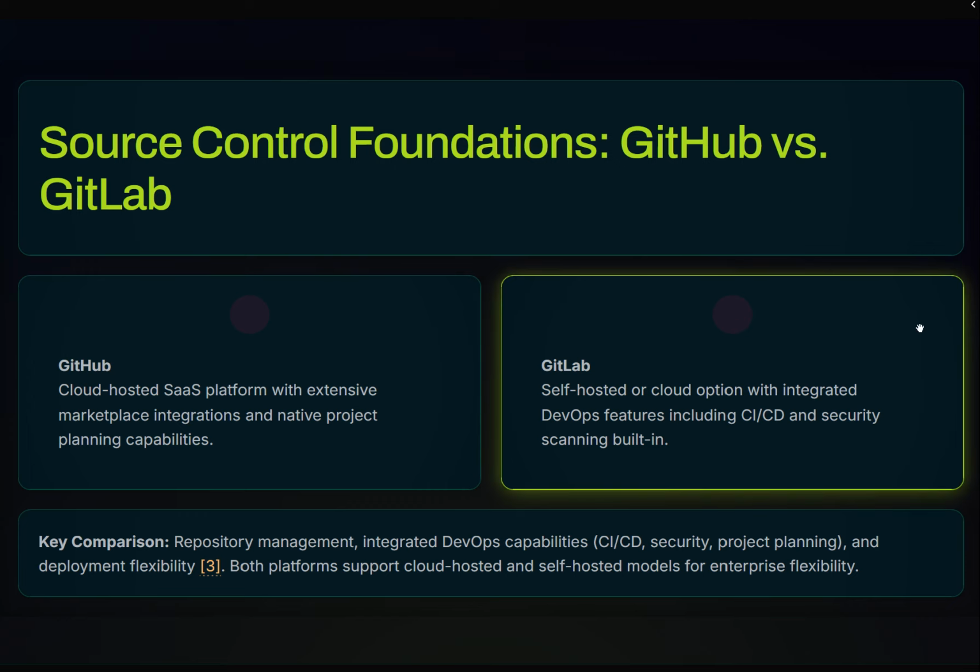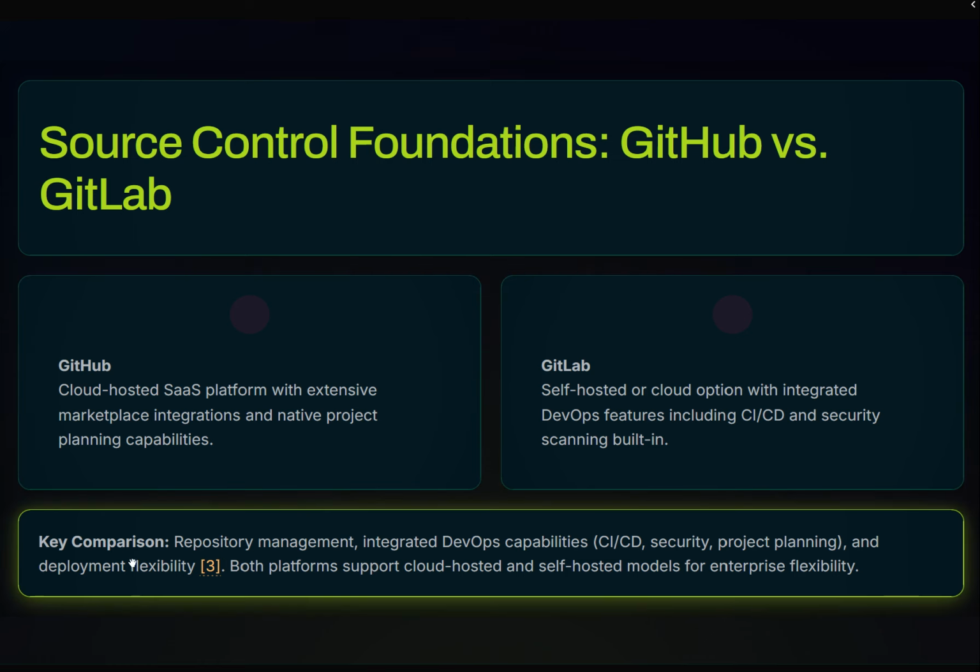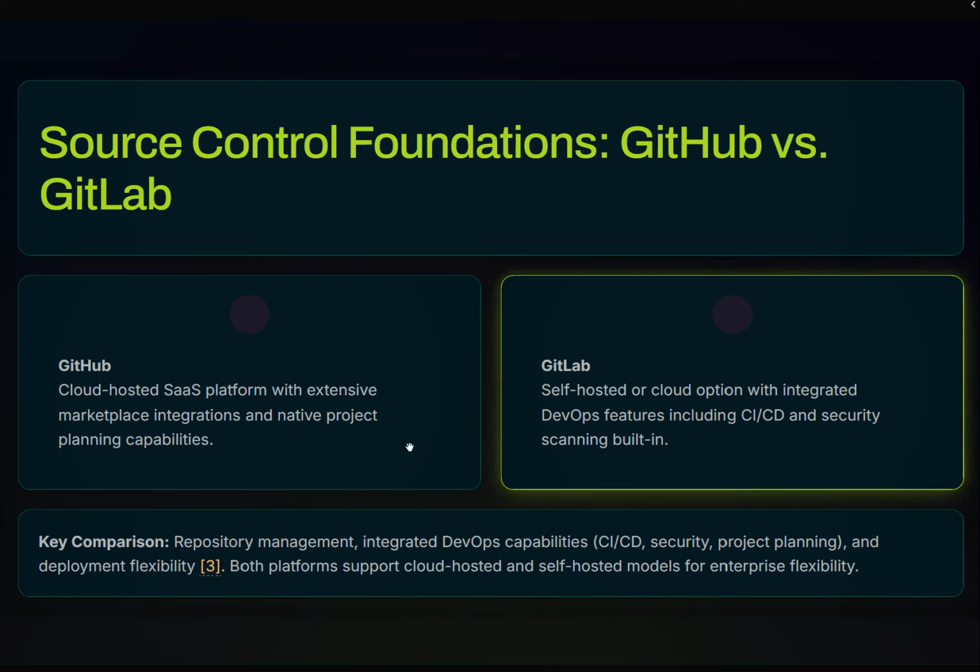This one has a paid version, right? Key comparison: repository management, integrated DevOps capabilities, and deployment flexibility. Both platforms support cloud-hosted and self-hosted models for enterprise flexibility, right? So they all provide flexibility.